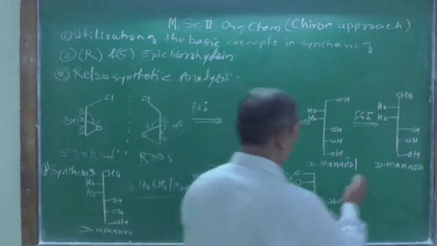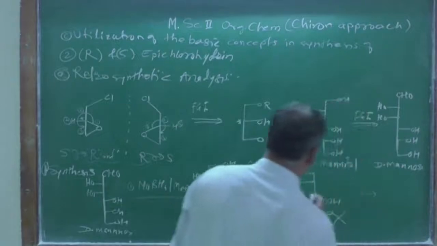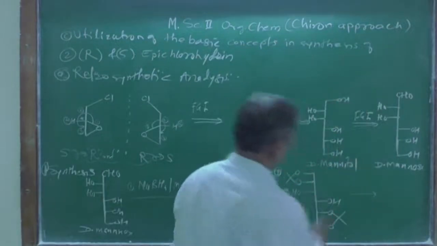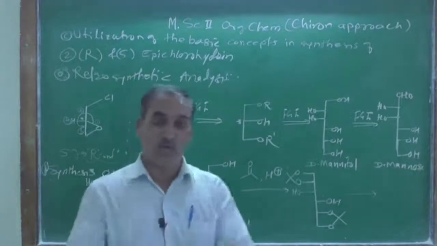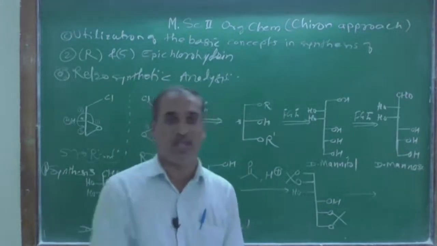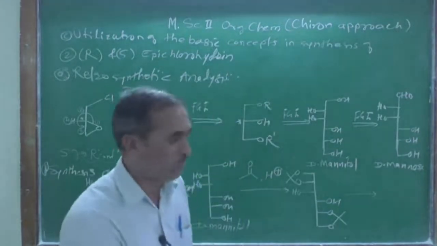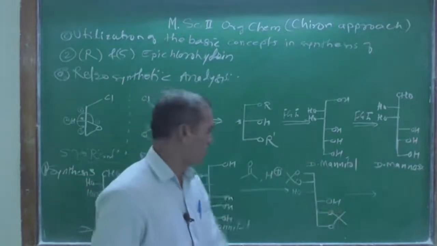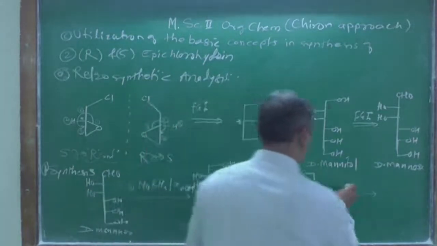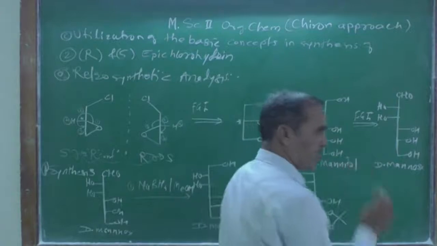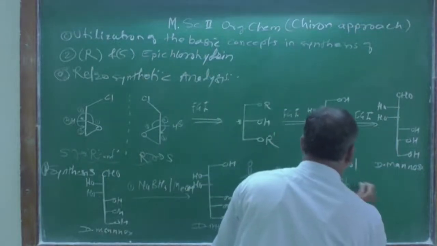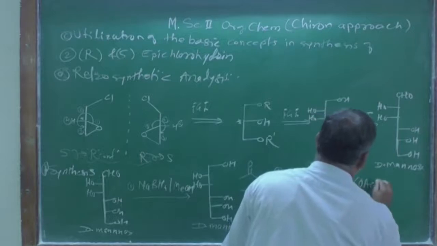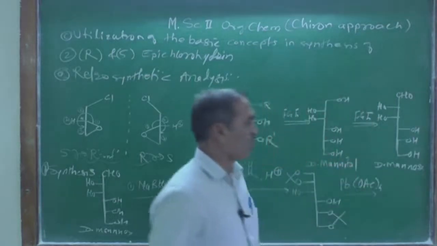And after that, as we know, we are going to break the bond between this 1,2-diol. We know the suitable reagent for the oxidative cleavage is PbOAc4, right?